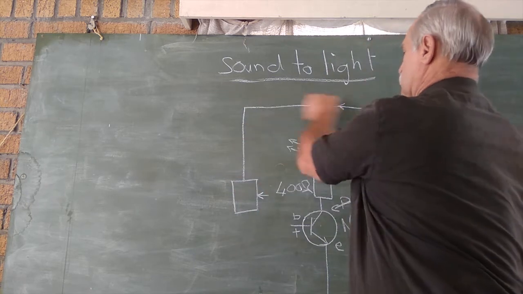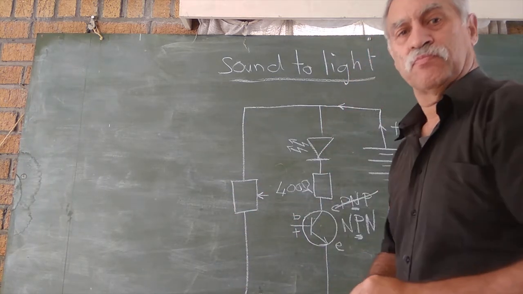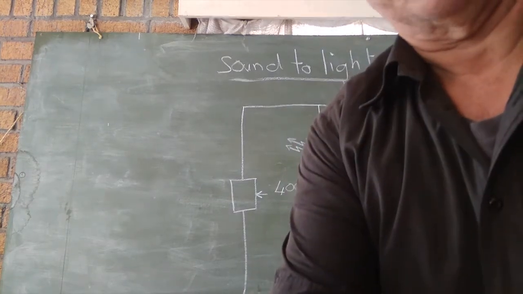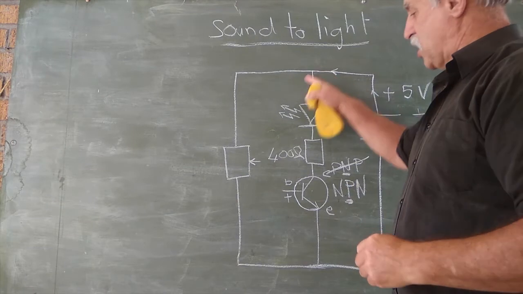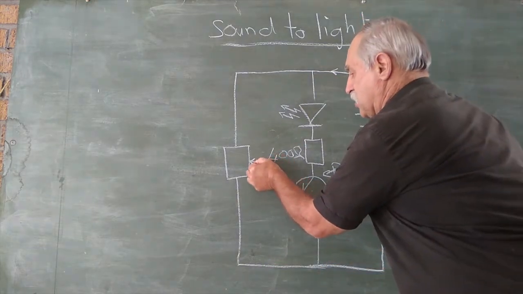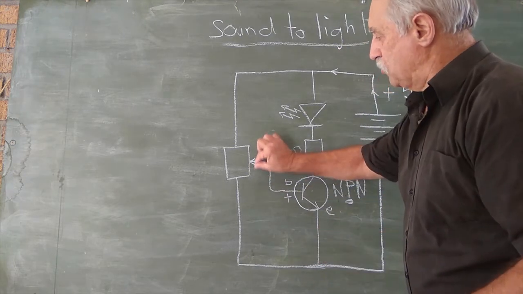It's attached to the positive, it's attached to the negative. I hope you can see this whole circuit. It's attached to the positive side, attached to the negative, and our sweeper goes to the base. So we can move this up or down.